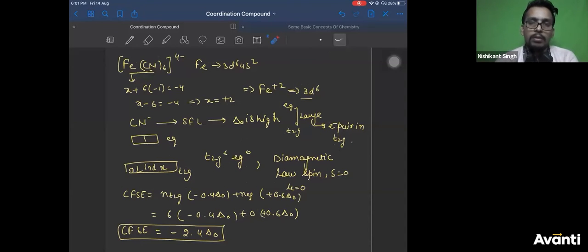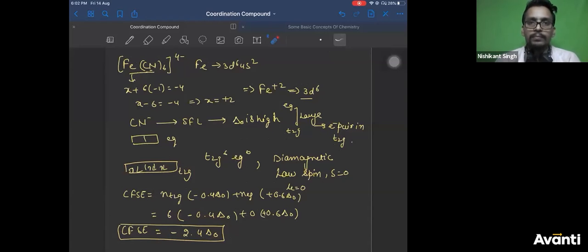Ionic bond. Yes, if an ionic bond were formed, but why would the metal receive electrons? We are not saying the metal is receiving the electron. These are the electrons of the metal only. We are not arranging the ligand electrons here; we are arranging the metal electrons only.